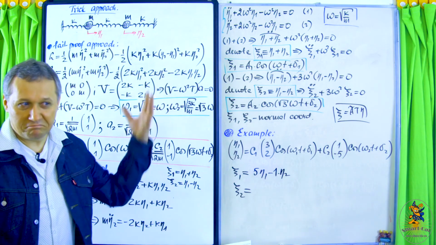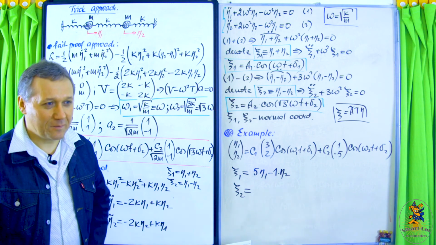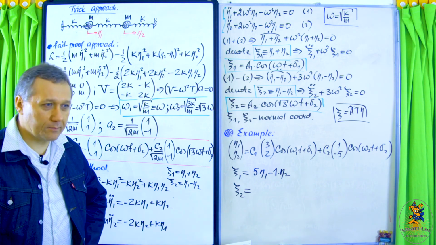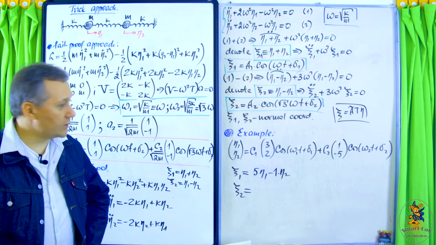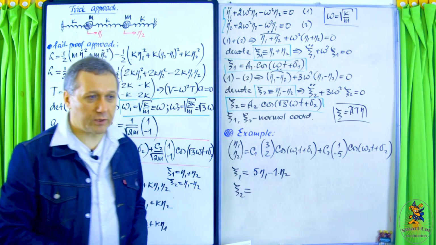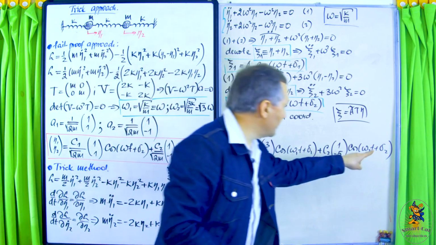And as a result, my newly constructed normal coordinate xi 1 will oscillate with the frequency omega 1. Right. So that is the normal coordinate associated with the first normal mode. Then xi 2. So now I want to keep this.